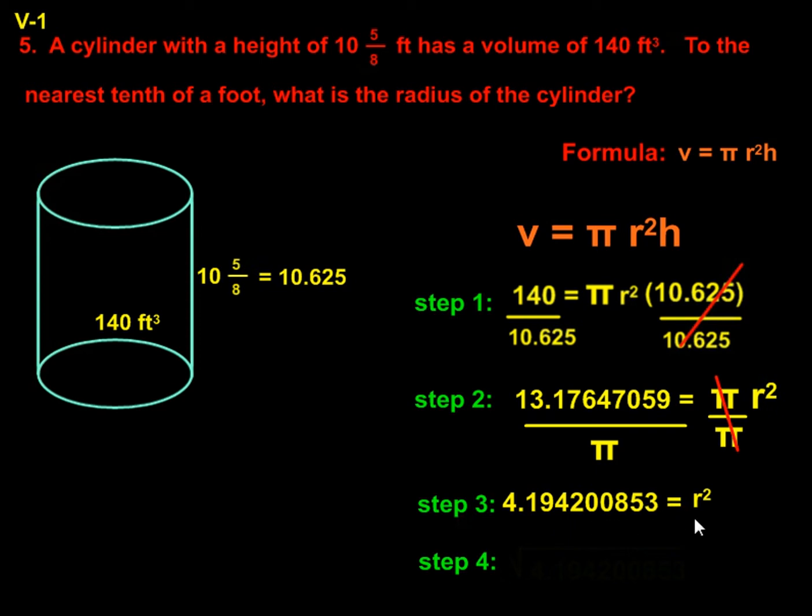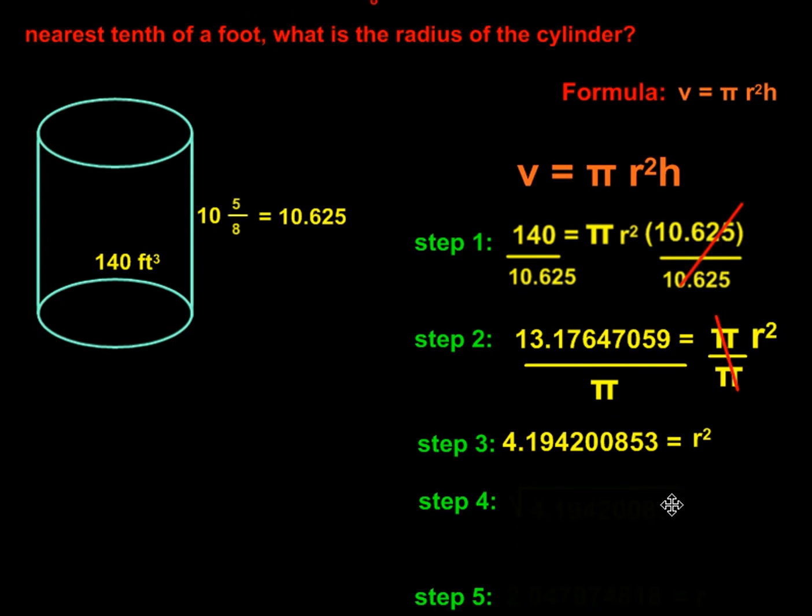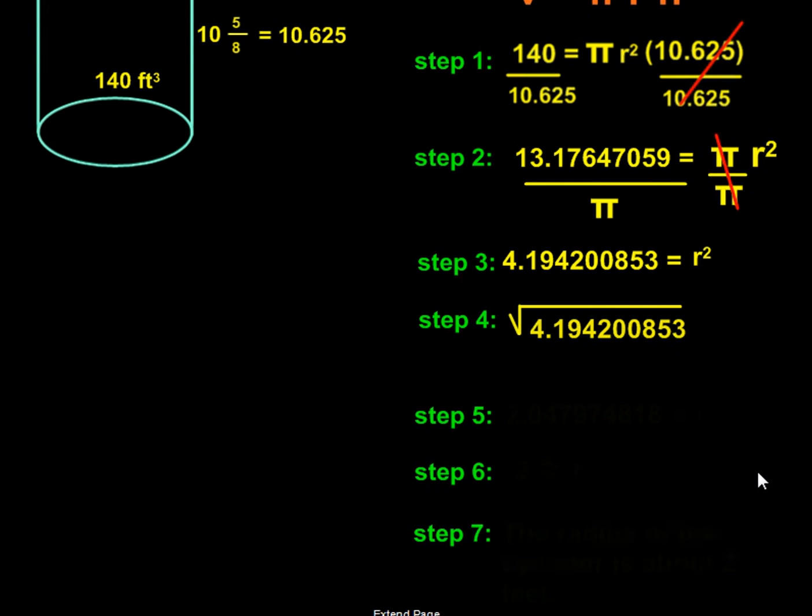What you're going to get is 4.194200853 equals r squared. Now keep in mind, in order to find the value of r, to remove the squared part, we have to take the square root of this number. If you hit the square root symbol on your calculator and then plug this number back in, you should get 2.0479748818 equals r.